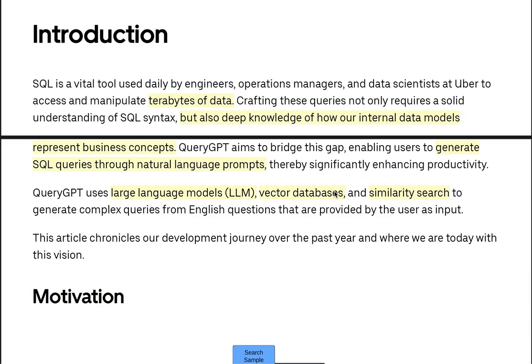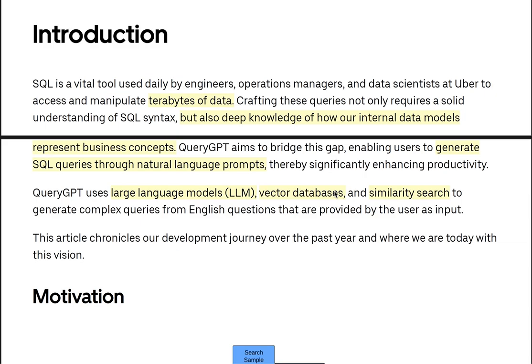For making an SQL query, only understanding SQL syntax and understanding how to write SQL is not necessary. That's not the only criteria you need to know. You also need to know what are the internal databases, what are the internal data tables that you need to use to actually fetch some required data of your choice, because there could be some areas where you don't know even if the data exists or not.